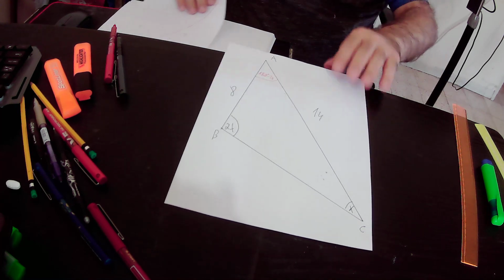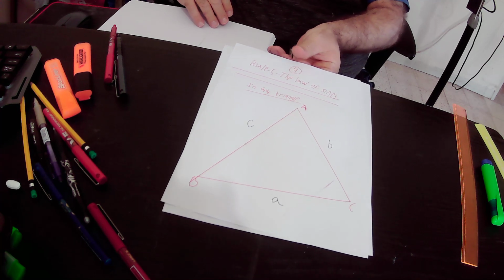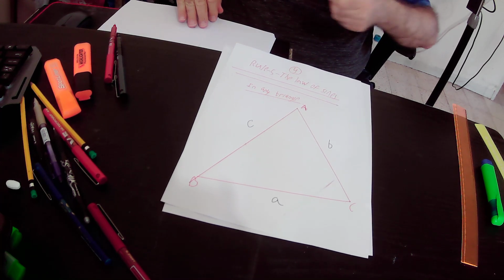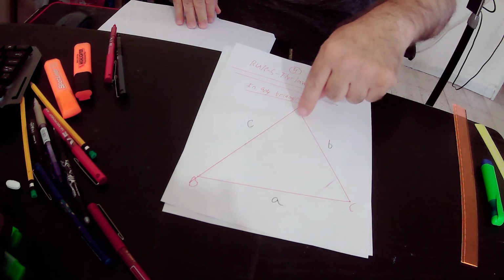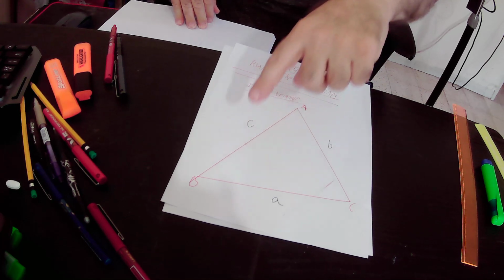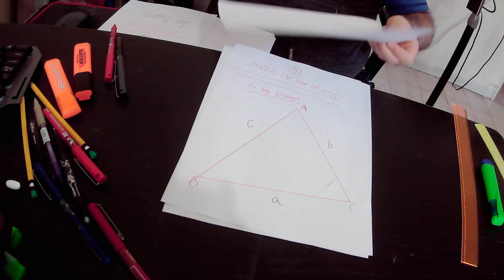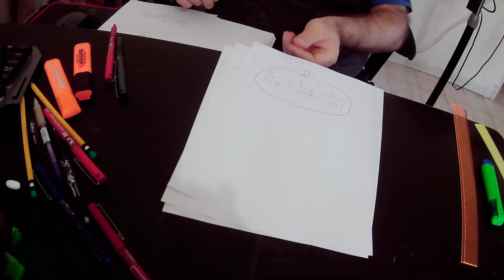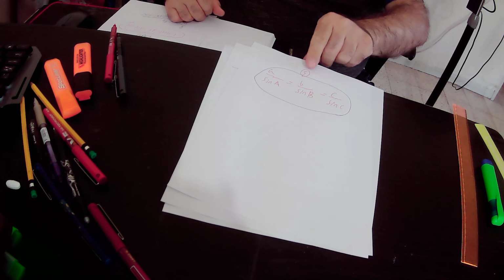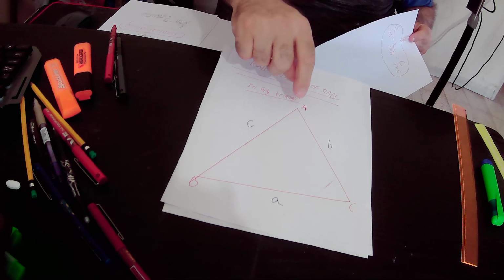And then I presented to you new rule number 5, that is actually the law of sines. According to the law of sines, a over sin A equals b over sin B equals c over sin C, where capital A, capital B, and capital C are the sizes of the angles.